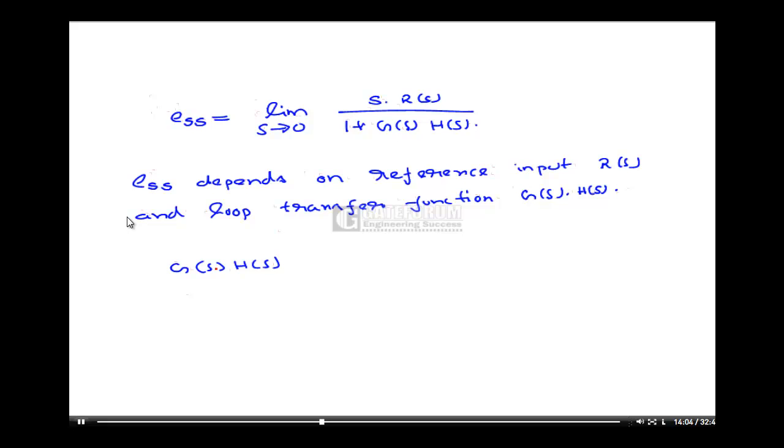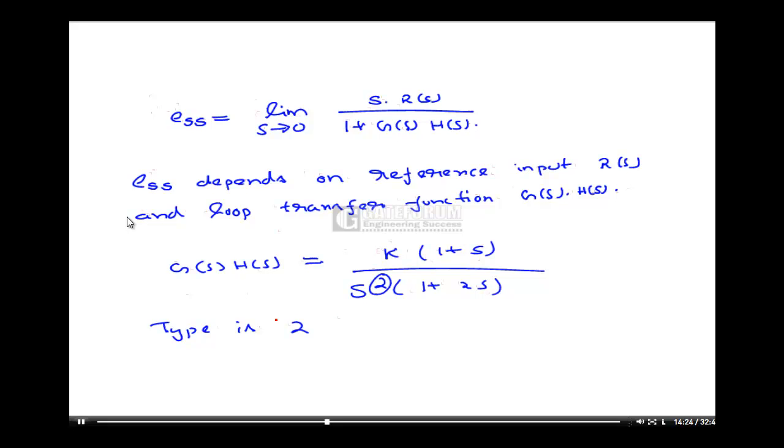Now I have to see the type of the control system. What is the type? If G(s)H(s) looks something like this, then my type is 2. It is the power of s term which is there, that is the type.